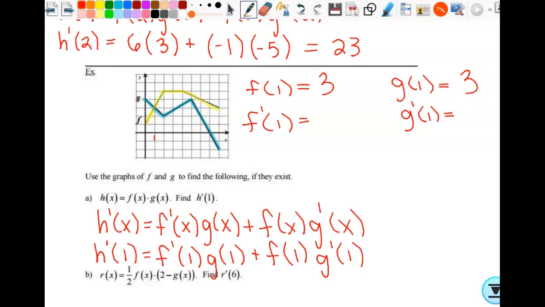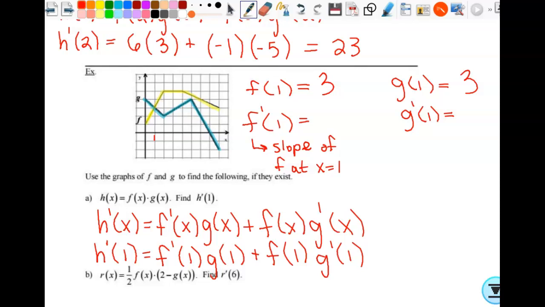All right, so now I need f prime of 1. So how do I get that value? What is a derivative graphically? There you go. So when I'm talking myself through this in my head, I'm saying, okay, I need the slope of f at x equals 1, because a derivative graphically is slope.